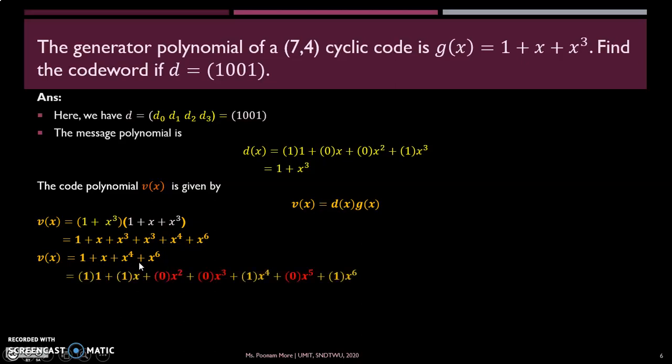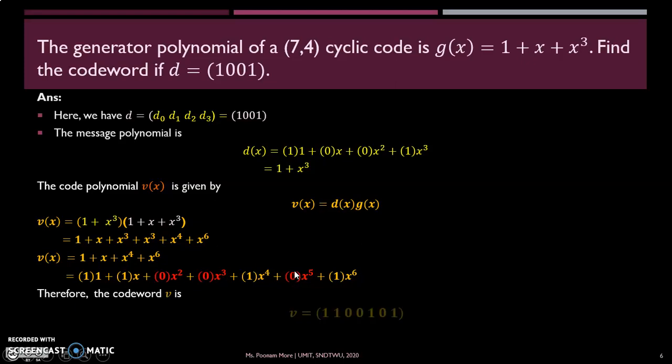Writing this with the respective coefficients to get our code vector, we observe that as the terms x square, x cube and x to the 5 are not present, we represent their coefficients as 0.